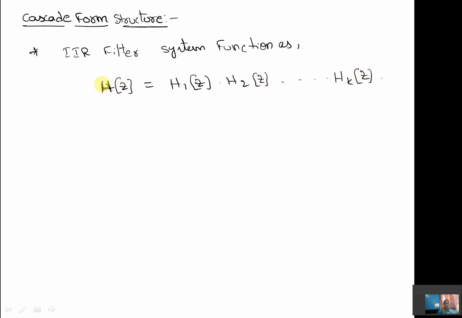So that means here consider one H(z) system function and then split this system function into the product of the individual system functions.